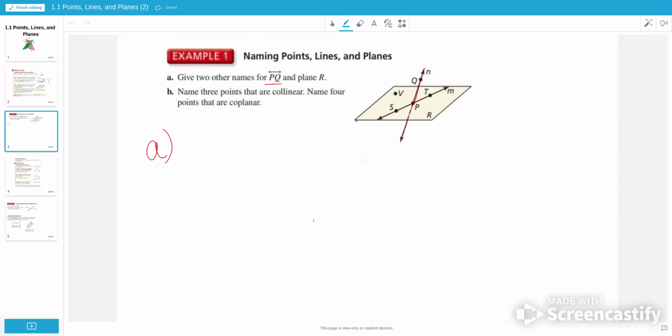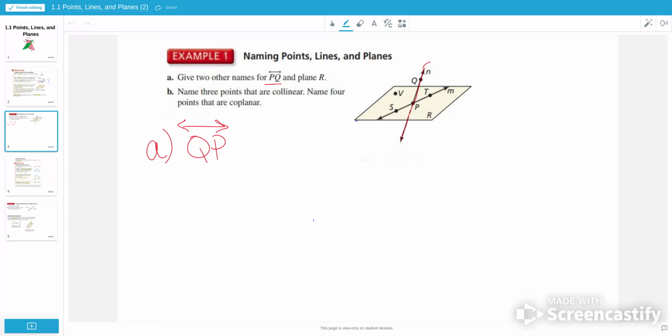And so on that line, another way to name it, well, I only have 2 points. So I could say QP. And I couldn't just leave it like that. I could write the word line in front of it, or I can use my notation for line. And then because there isn't a third point there for me to name it with, I do have this lowercase letter here.